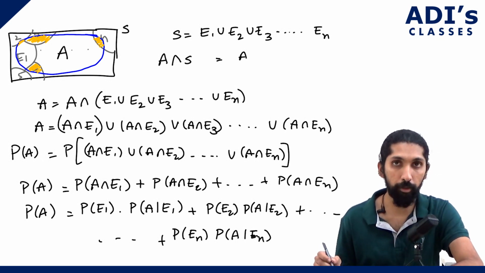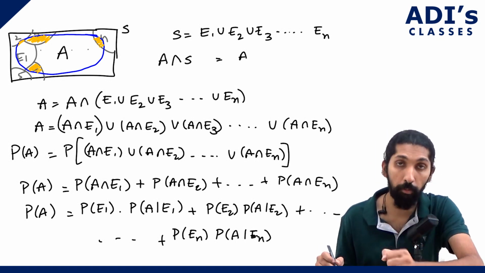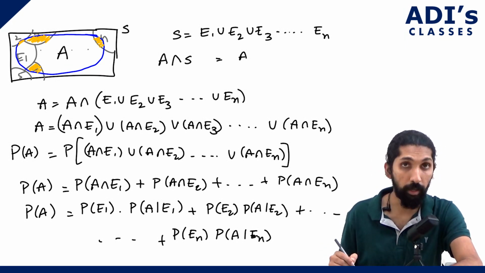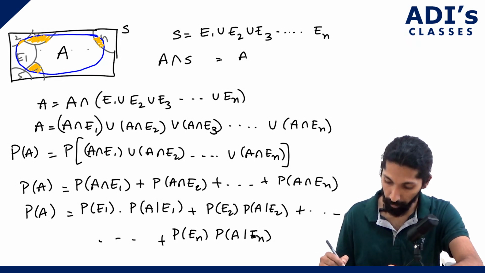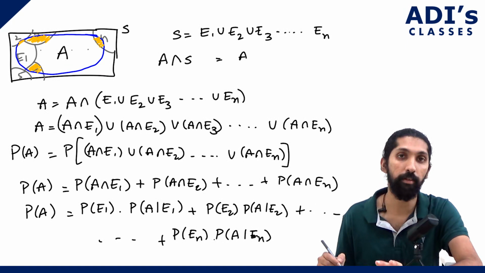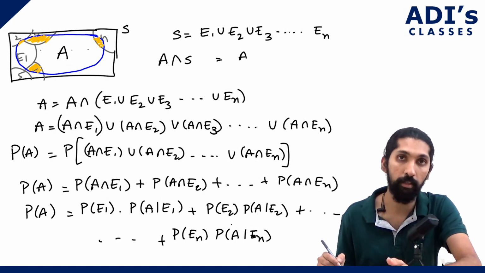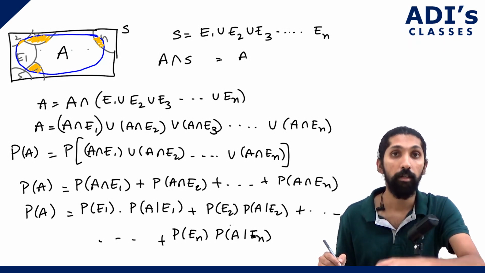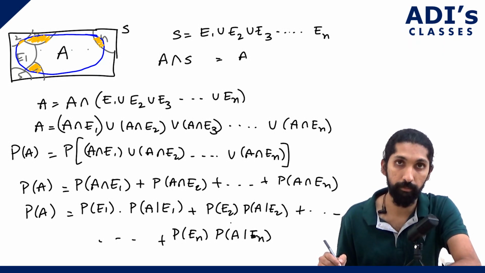Isn't it what we are trying to prove? Because this is the total probability. That is P of E1 into P of A given E1, P of E2 into P of A given E2, like this, so on and so forth till here. This is the final result. That is the total probability of that event. Clear? So this is the total probability.